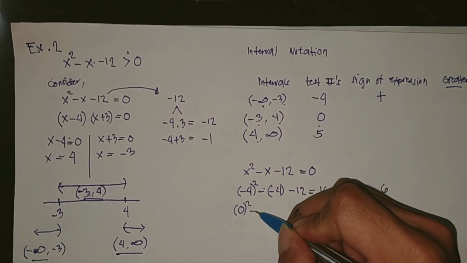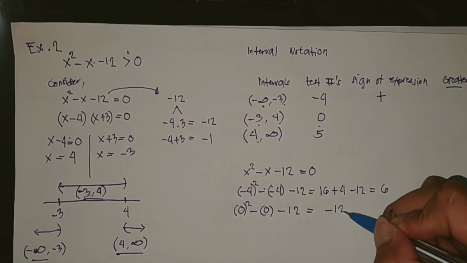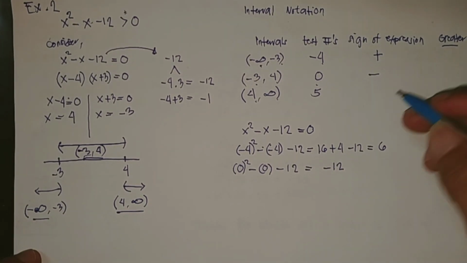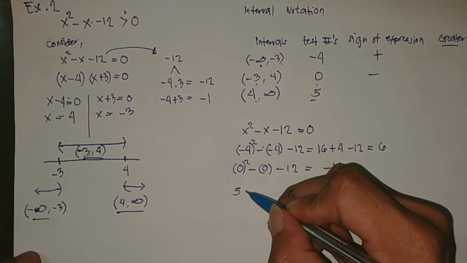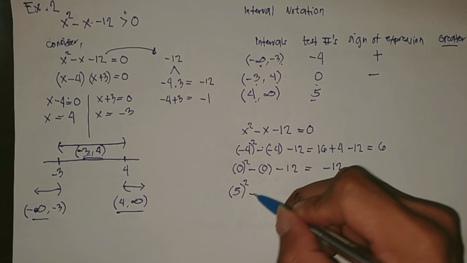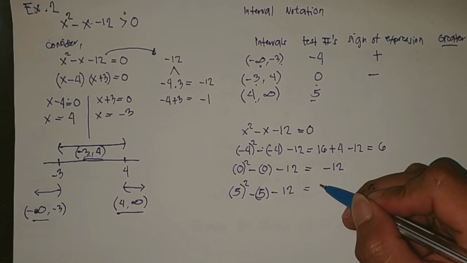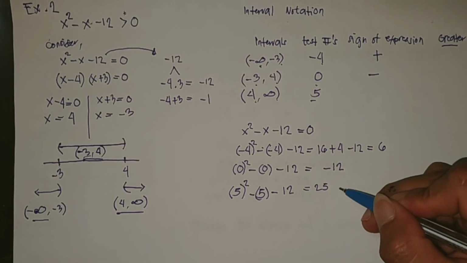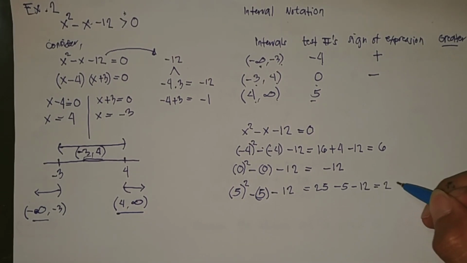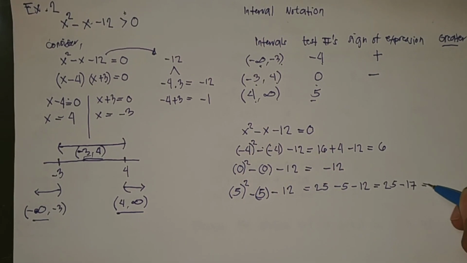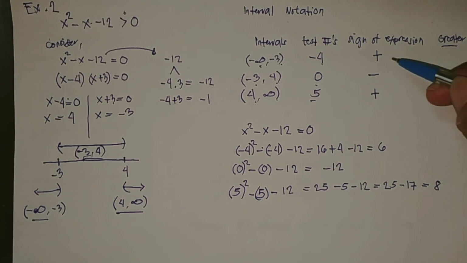Let's substitute 0. We have 0 raised to the power of 2 minus 0 minus 12. So we have negative 12. And substitute positive 5. We have 5 raised to the power of 2 minus 5 minus 12. So we have 25 minus 17, and positive 8. So we have positive 8 on the sign of expression.